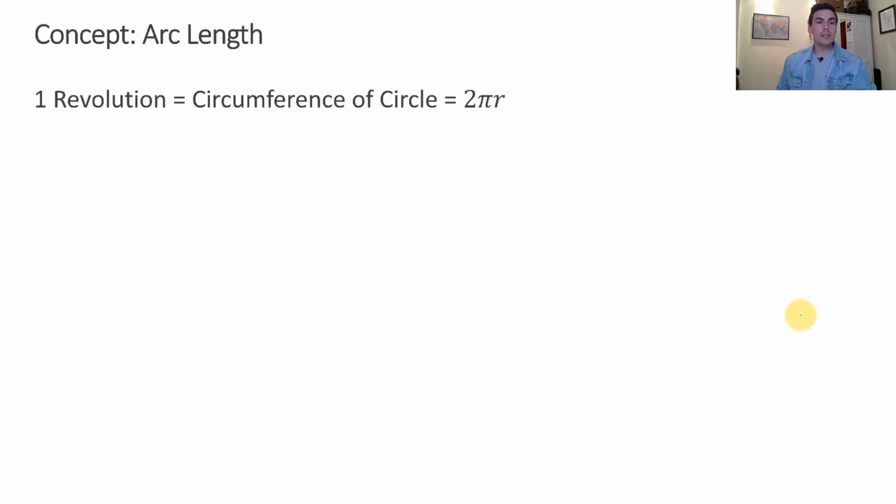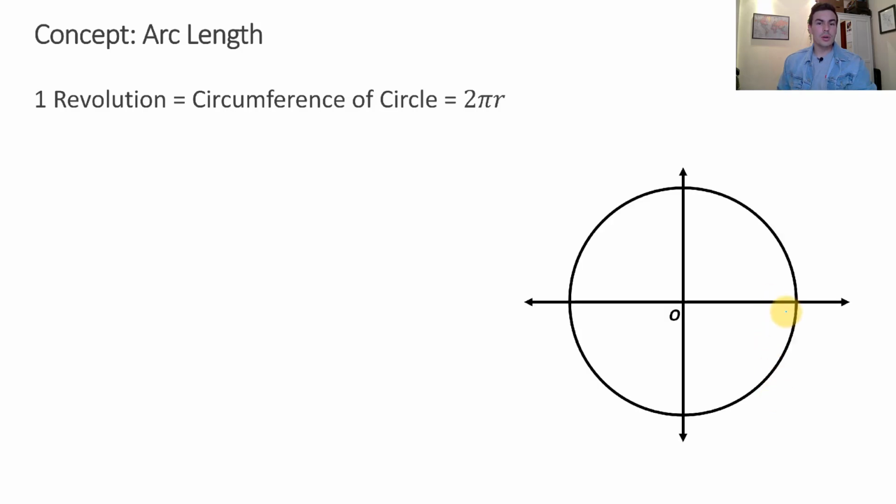Again, we said 1 revolution around a circle is going to equal the circumference of the circle from an arc length perspective. So if I start here and rotate all the way around, that circumference is 2 pi r, 2 pi times the radius, 1 revolution all the way around.